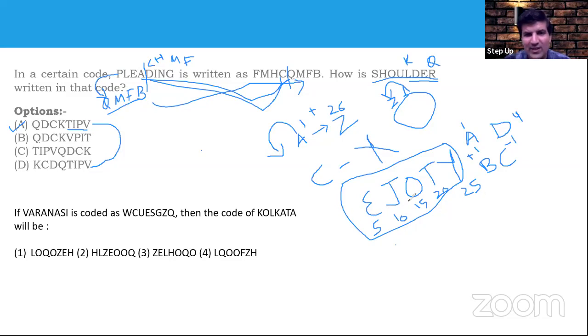So if somebody suddenly asks you, tell me what is K, you can say J is 10, so K would be 11, right? That's one way to remember. If you remember this, it helps you avoid writing A to Z in the exam. Now, if somebody says, tell me O, you ask what would be the reversal of O by this logic.